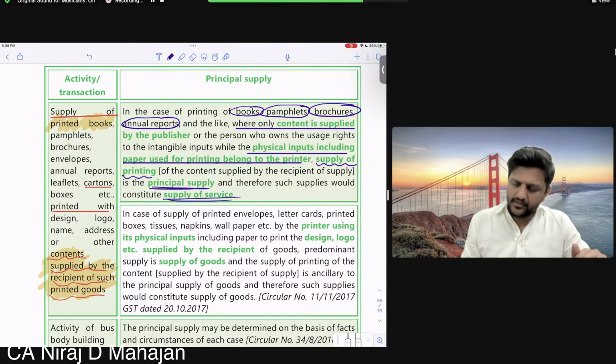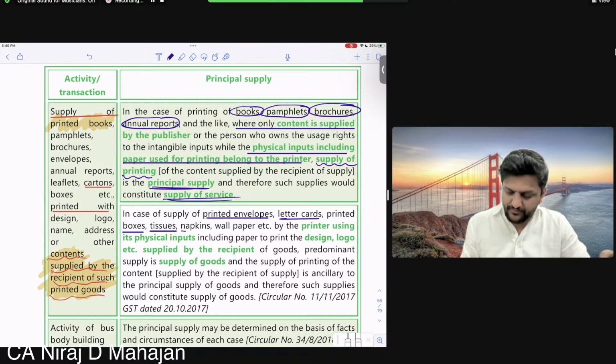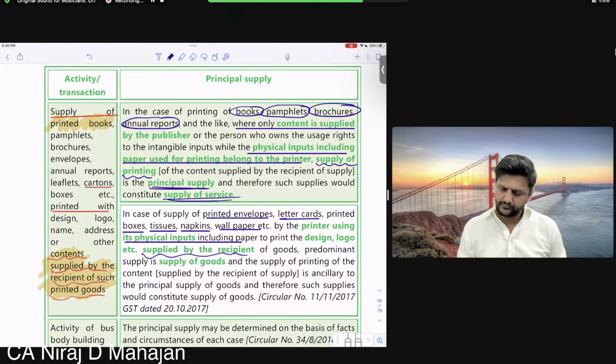Main part: envelopes, letter cards, business letters, letterheads, printed boxes, tissues, hotels, yes, they use napkins, wallpapers also, etc., by the printer using its own physical inputs, including paper, to print the design, logo, etc. The design, logo, etc. are supplied by the recipient of the goods. The predominant supply is goods. Understood or not, children? Are you getting my point?